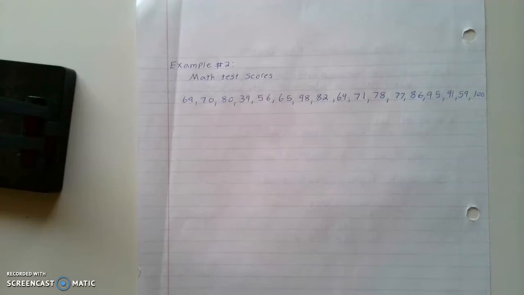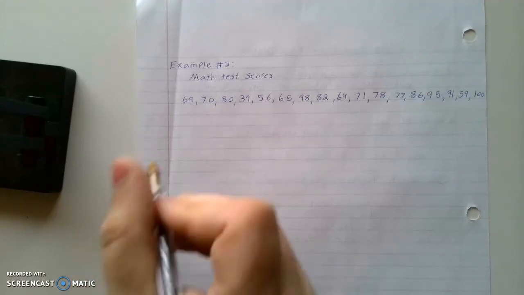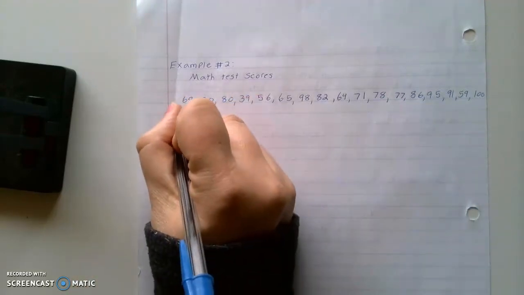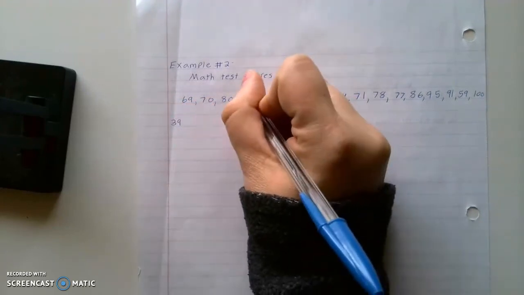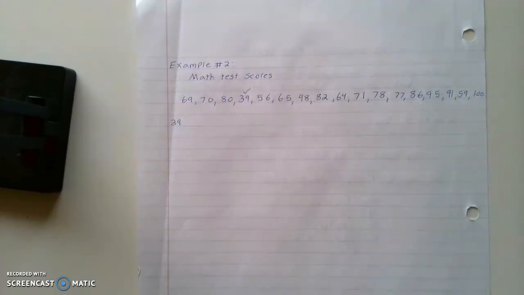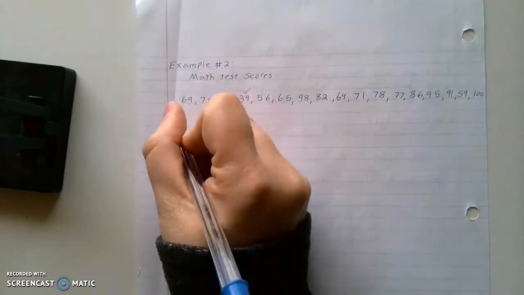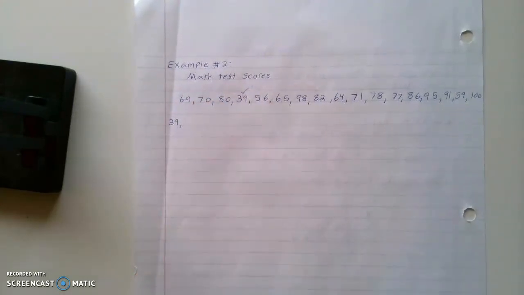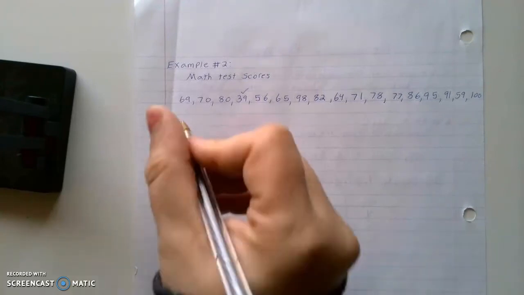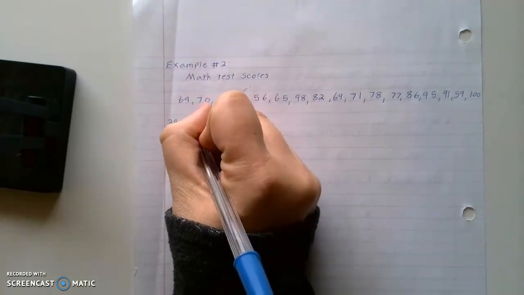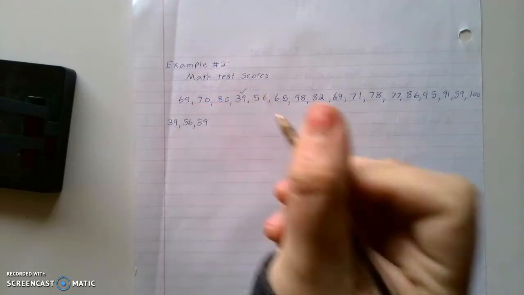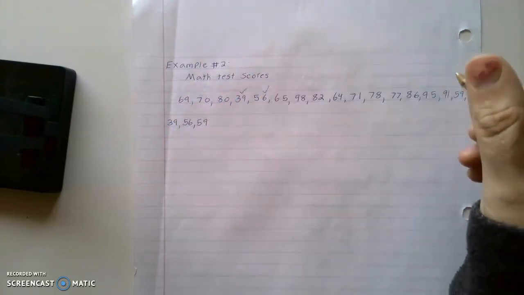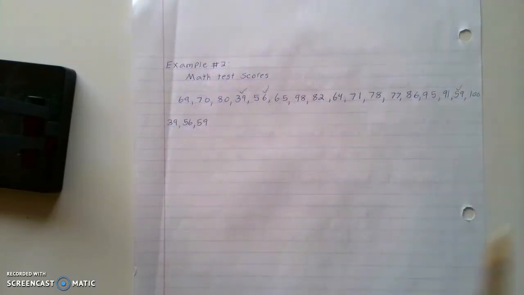So my smallest number is a 39, and I again put that little check mark to make sure we have it all. Okay, then I'm going to look at my numbers. I don't have anything in the 40s, so we're going to skip the 40s and go over to the 50s. So I had a 56 and a 59, and I'm going to check mark those off.